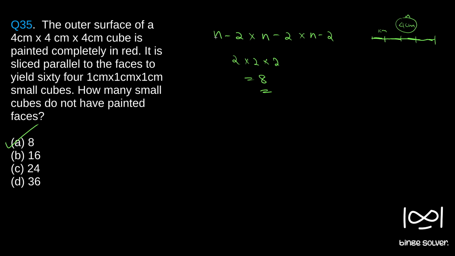So for people who didn't understand how n minus 2 into n minus 2 into n minus 2 comes, you can check out that video. A quick explanation: this is our cube.